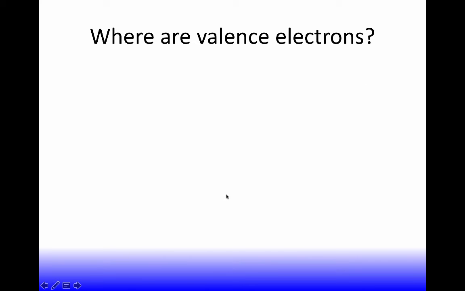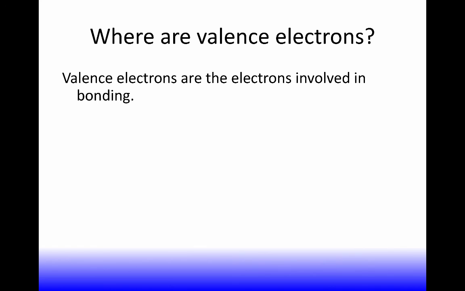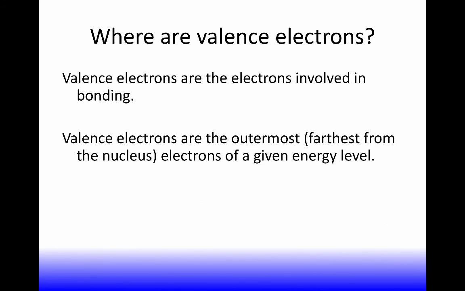Okay, now moving on to the concept of valence electrons. Valence electrons are the electrons involved in bonding. All right, those are the outermost electrons. Now, valence electrons are also the ones closest to the surface of the atom. I'm going to show you a little bit about stacking. The different energy levels all stack on top of each other.